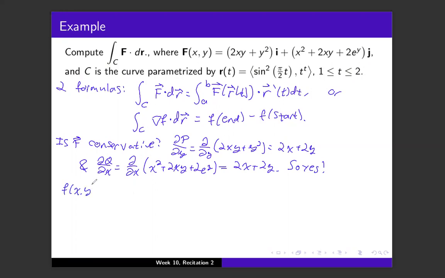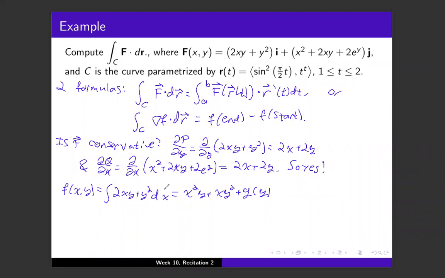We can now say that f of x, y is going to be the antiderivative of 2xy plus y squared dx, which is x squared y plus xy squared plus some arbitrary function of y.